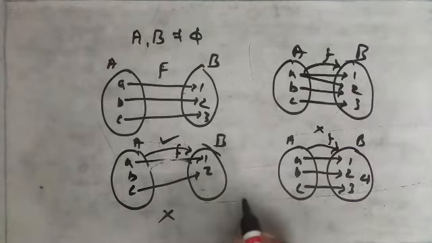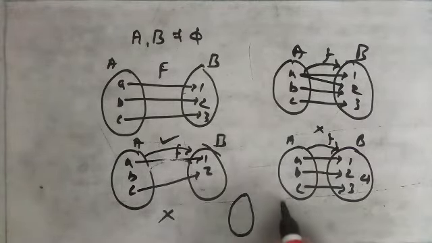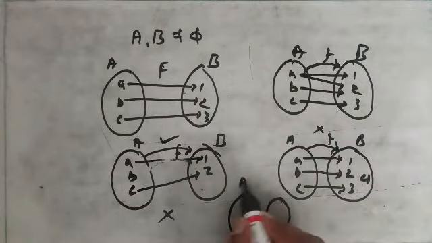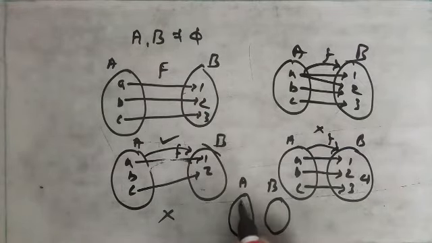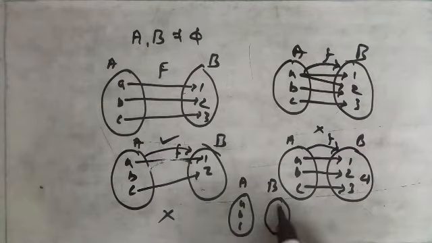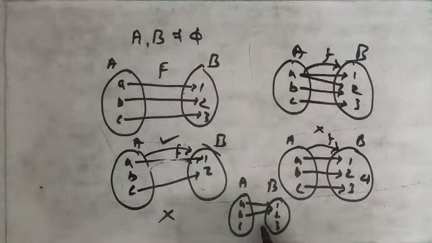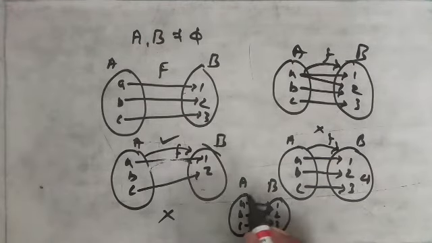Same, if given this type of relation with A, B, C and 1, 2, 3, A associated with 1, B with 1, and C with 3, then what do you say about this relation? Is this relation a function?